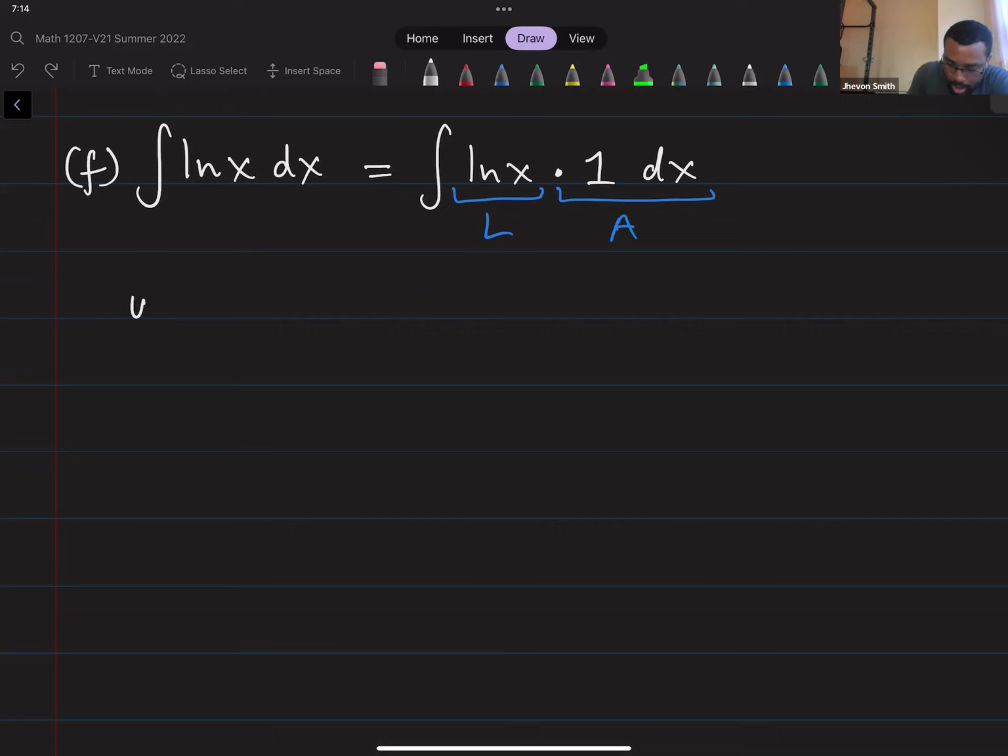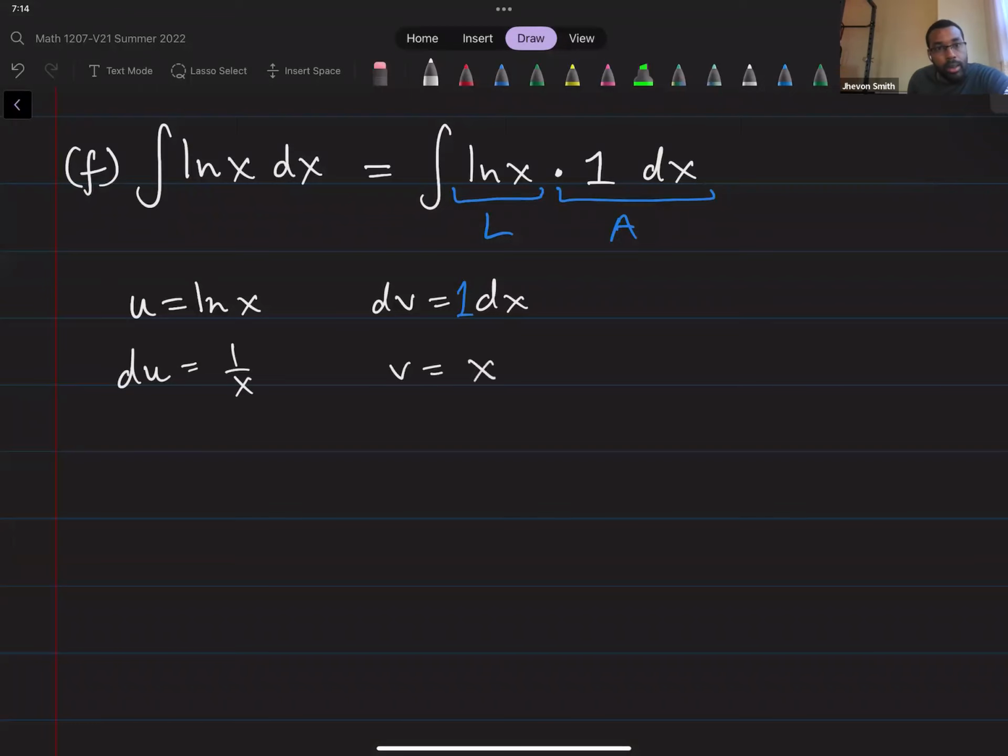So here, we'd say u equals ln x. Your dv is actually just the dx, or, if it makes you feel a little better, 1 dx. So your du is just going to be 1 over x. Your v is going to be x.